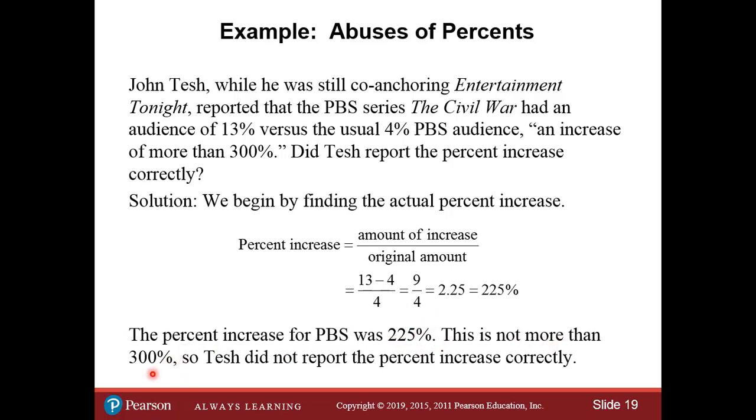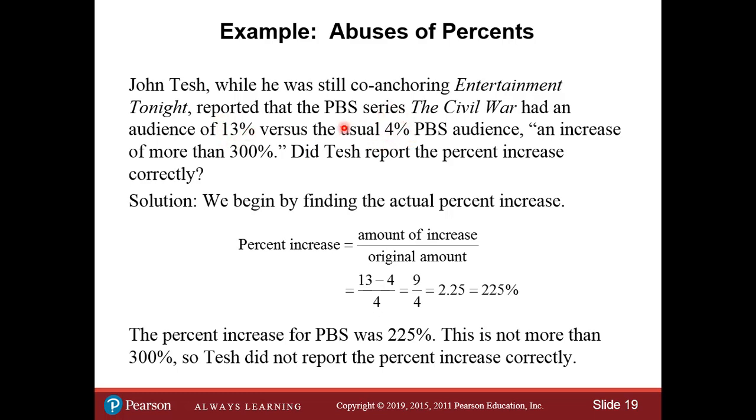This is not more than 300%, so he did not report the percent increase correctly. Now, I'm not sure where he might have gotten that. I know why. So if you look at this, he took 4%, and if you take 4 times 3, that gives you 12%.